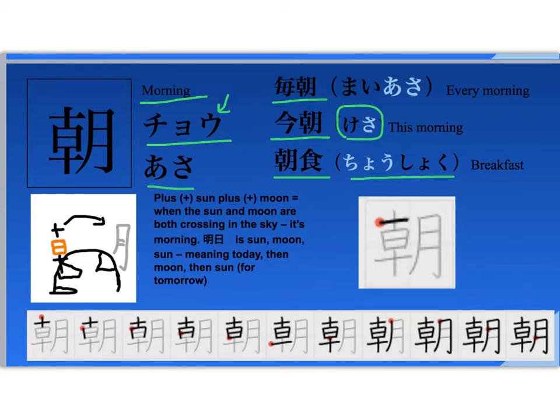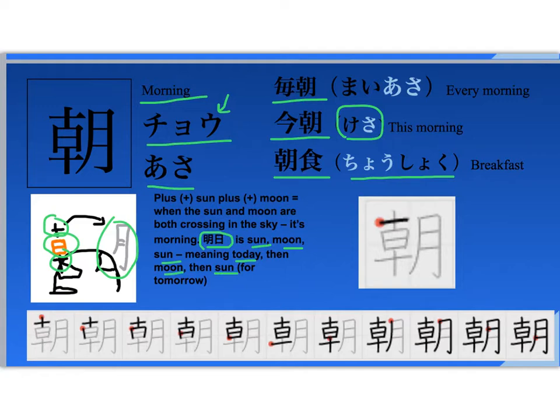And the strategy for this one is that you have these pluses here. So it's plus sun plus moon, where basically in the morning the sun and the moon are crossing each other in the sky, and it's morning. Incidentally then, ashita, right here, is sun, moon, and sun, meaning the sun comes up today, then the moon comes up, and then the sun comes up, indicating tomorrow.